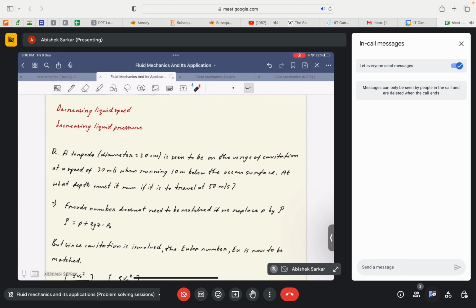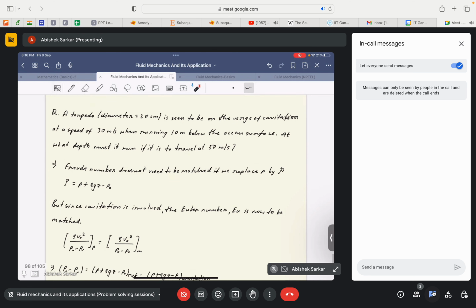So they are asking that if the torpedo has to remain on the verge of cavitation and is of the same dimension, then at what depth should the torpedo travel so that it has a speed of 50 meters per second? What should be the depth so that the flow physics remains the same for these two runs of the torpedo?